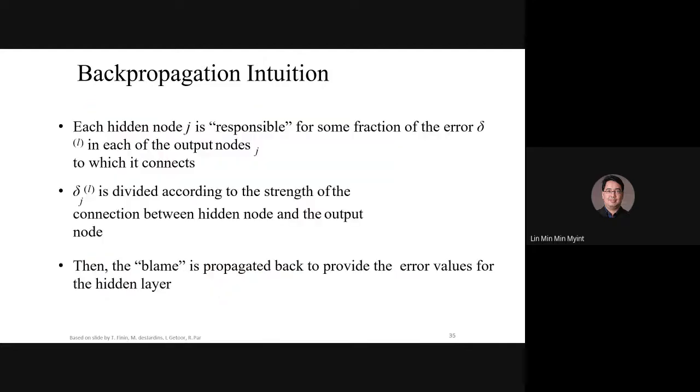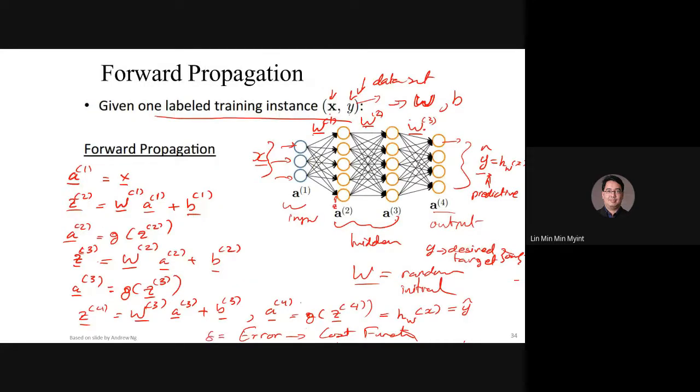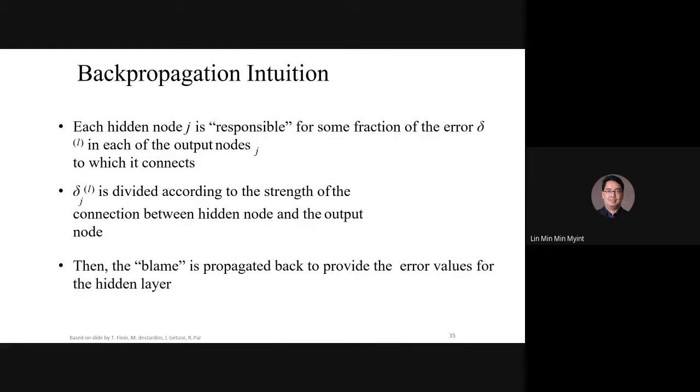So this error is responsible for all the nodes in the hidden layer, as well as the output, because of the weights. The error is divided according to the strength of the connection between the hidden node and the output, so it depends on the previous weight.